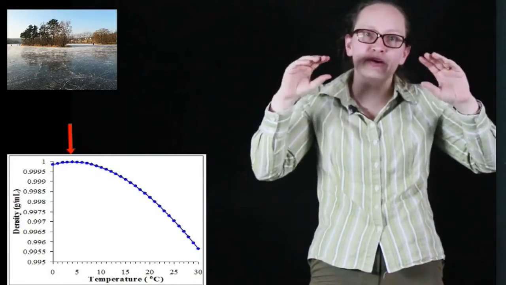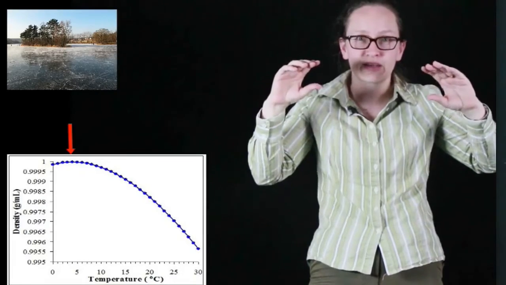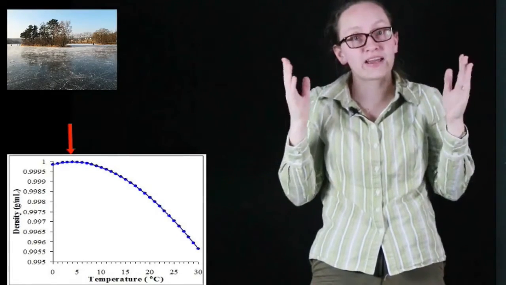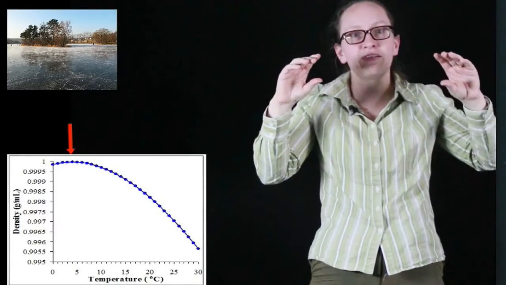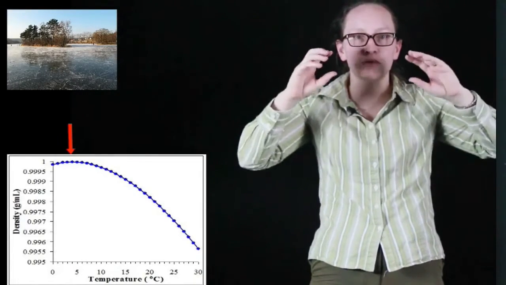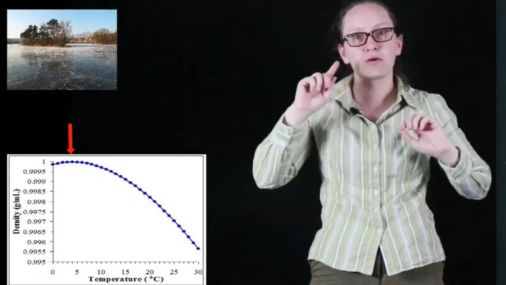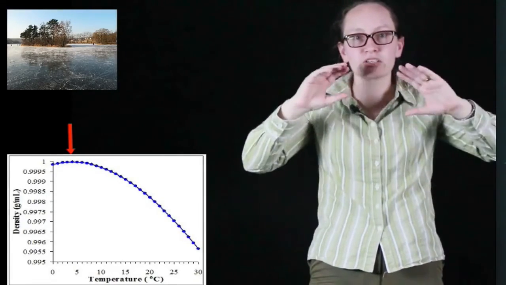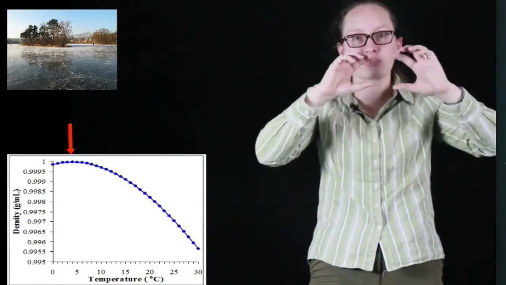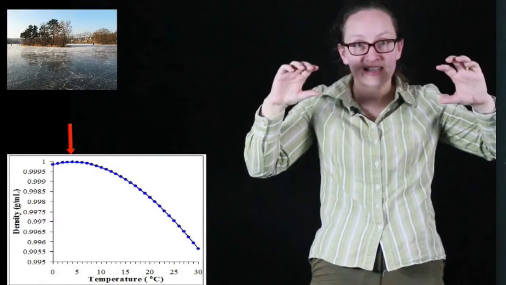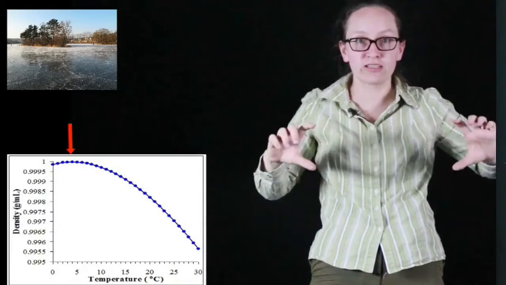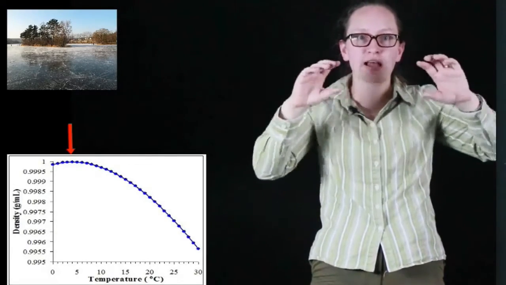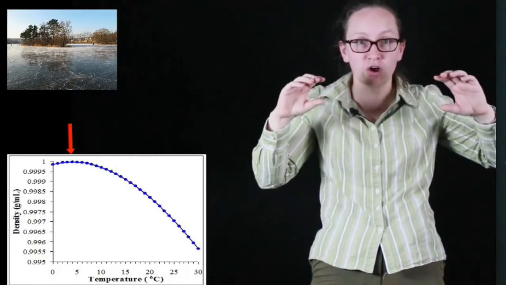The top layer goes down to 2 degrees C. Now, if water behaved like a normal liquid, that 2 degrees C layer would be heavier than the layers below and so would sink to the bottom. But water's special. Because it's below 4 degrees C, that 2 degrees C layer is actually less dense than the 4 degrees water below. So you actually end up with a cooler layer floating on top.